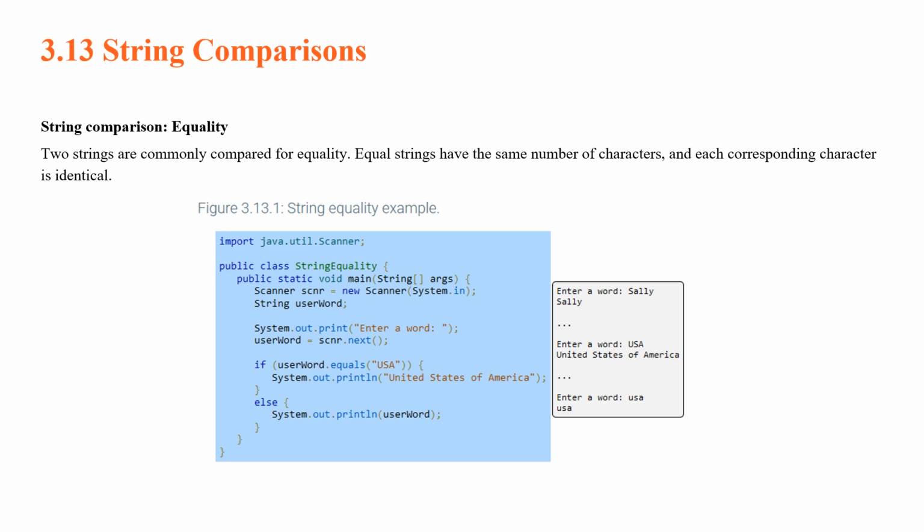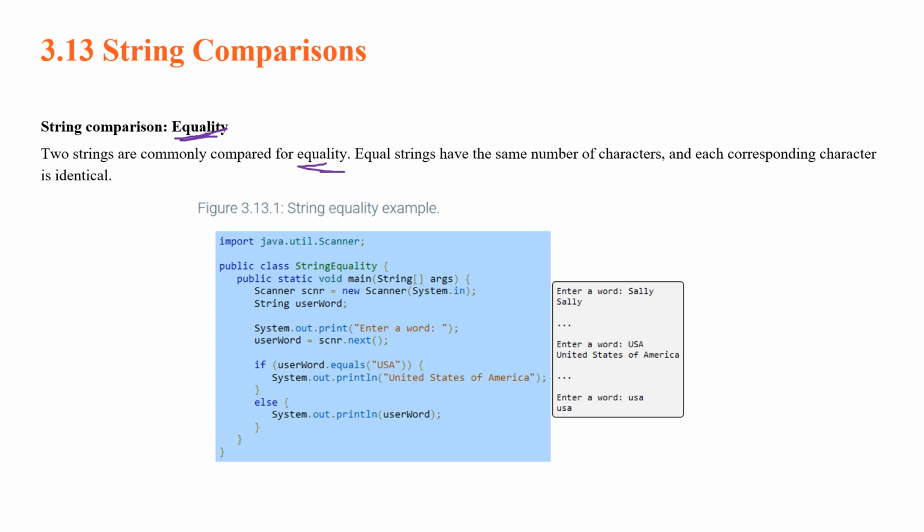String comparisons. String comparisons can be done in two ways. One is using the equality operator and one is the relational operators. We'll just go through equality first. So two strings can be compared for equality. Let's say we have given two strings.